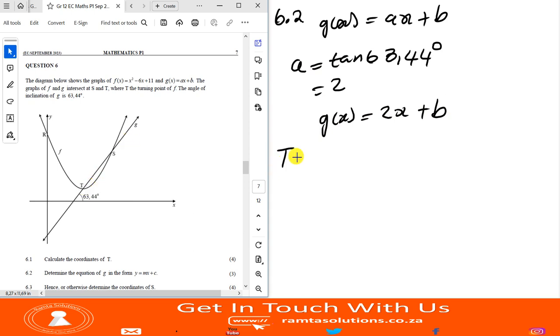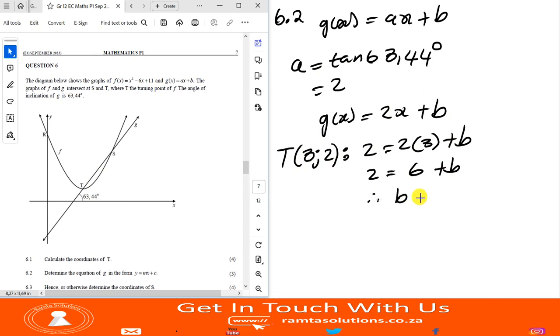What are the coordinates of point T? They were 3 and 2. So where there's x, you put 3, where there's y, you put 2. So 2 equals 2 into 3 plus b. So 2 equals 6 plus b. Therefore, we can say b equals negative 4.